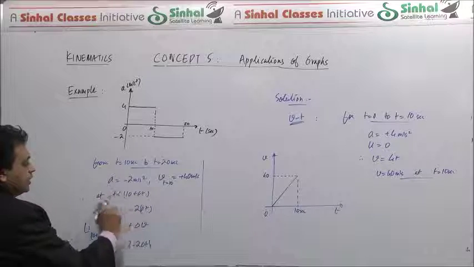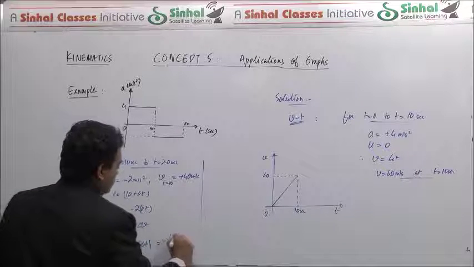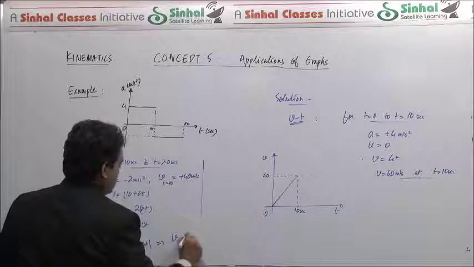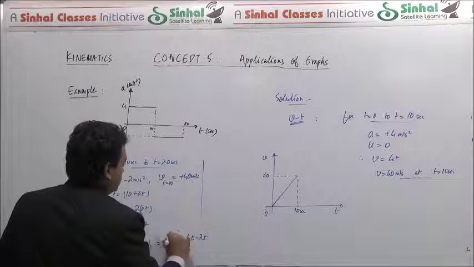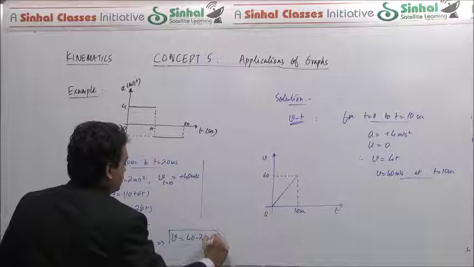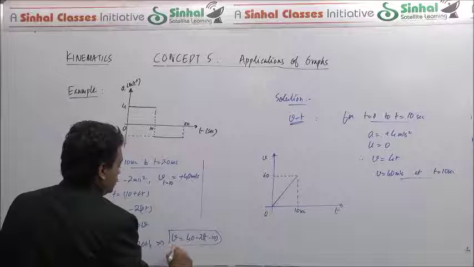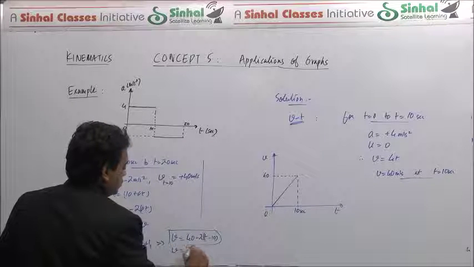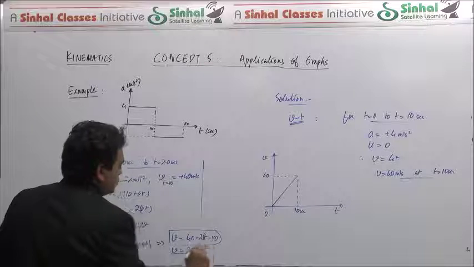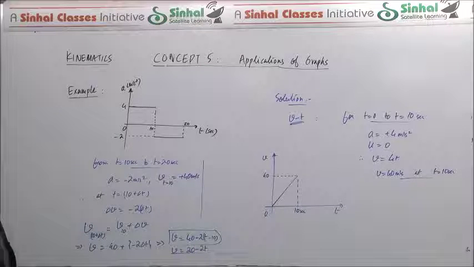Now delta t we can see is t minus 10. So that is the relation of velocity versus time.